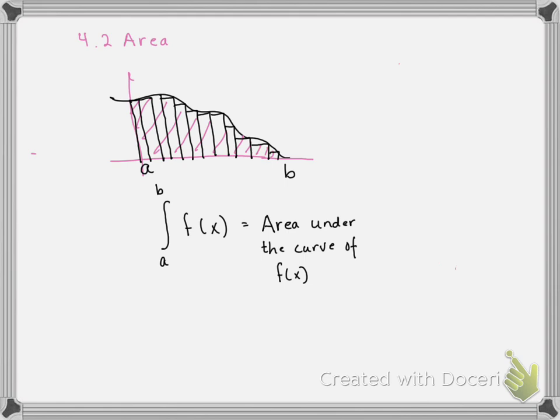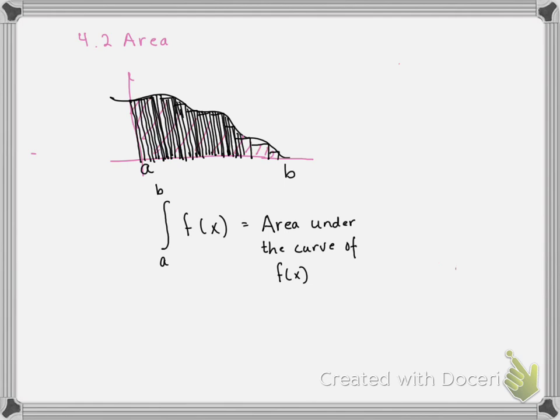What we're going to be doing is using the idea that the more rectangles we've got under this curve, the better representation we get, because the skinnier the rectangles are, the better they fit under that curve.